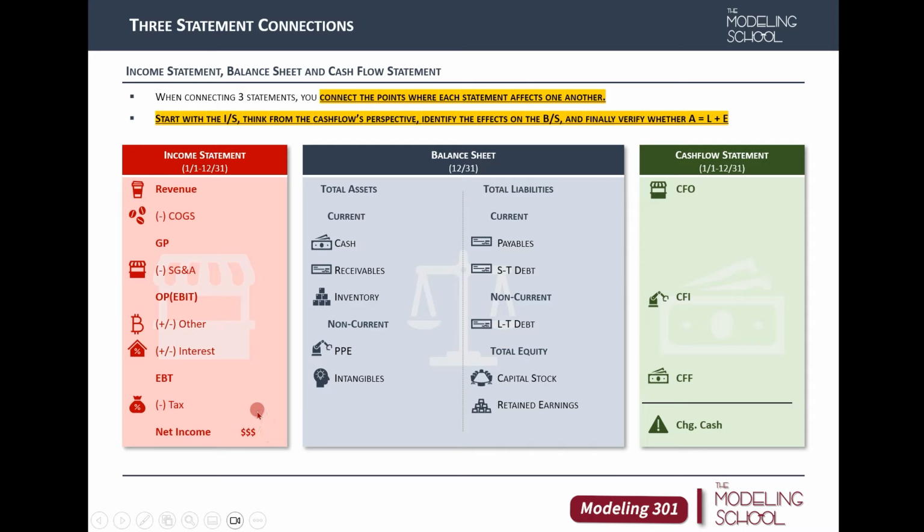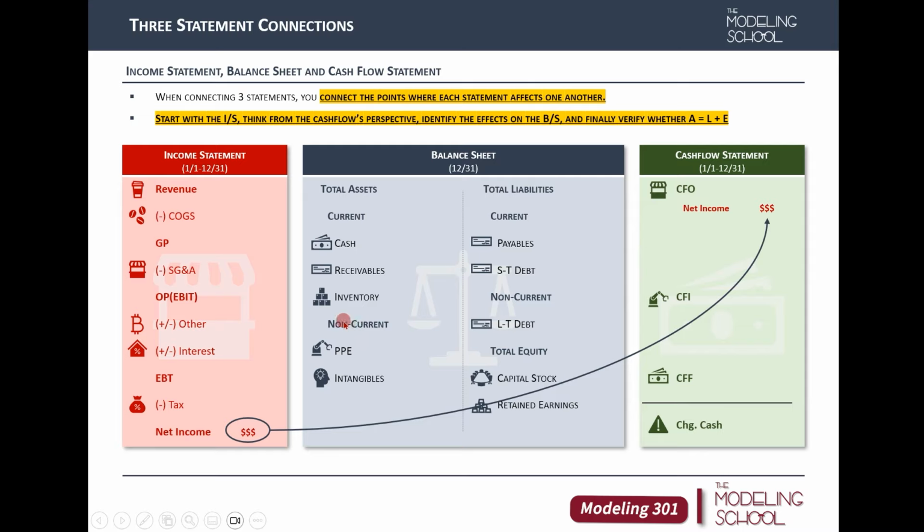The income statement's net income has connections to the balance sheet and the cash flow statement. First of all, net income from the income statement becomes the starting point of the cash flow statement. So net income is the starting point of cash flow from operations.